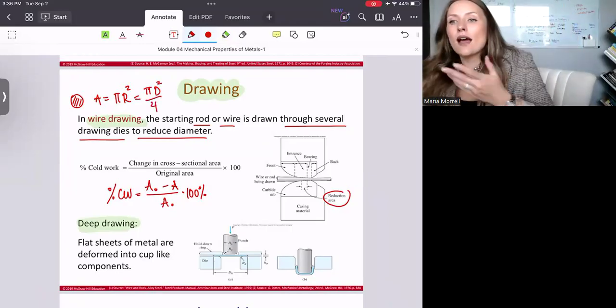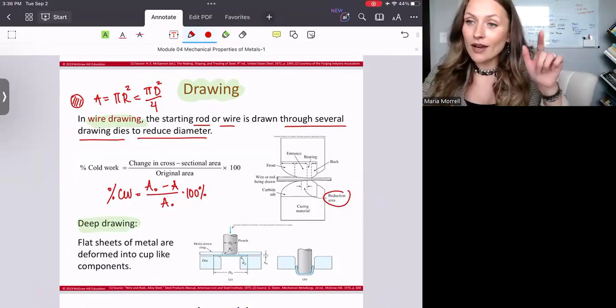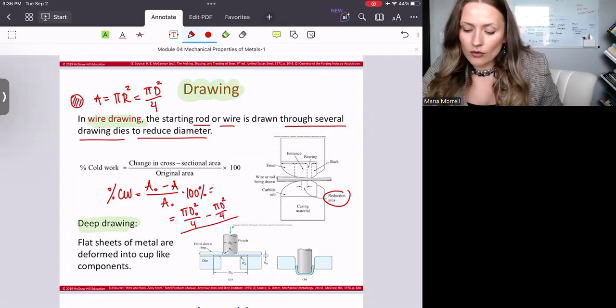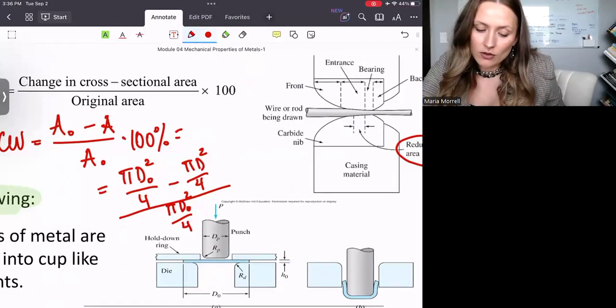Because the radius is half of the diameter. So now if I plug it in here, I will do it: π d naught squared divided by 4 minus π d squared divided by 4, all of this divided by π d naught squared divided by 4, okay? Allow me to enlarge.